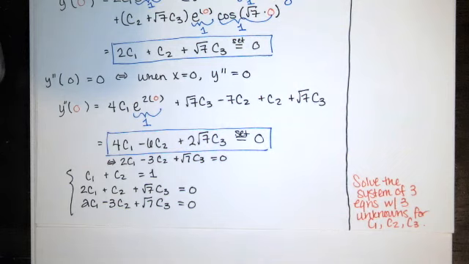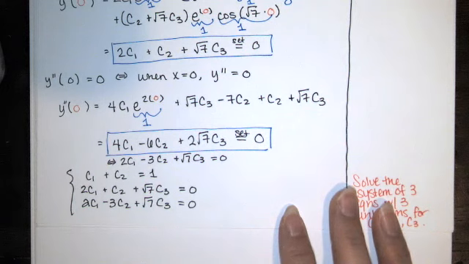Once you have that value, you can use it to find the next value, and you can use those last two values to find the first value. So it's just this process of taking three equations and three unknowns down to two equations and two unknowns, and then getting one equation and one unknown, and then back substituting until you find all the C's. That's the plan.